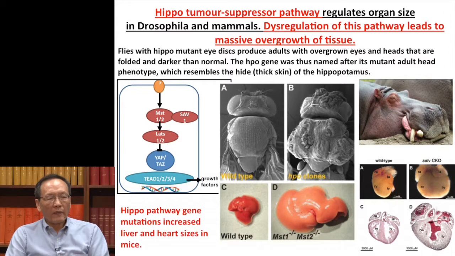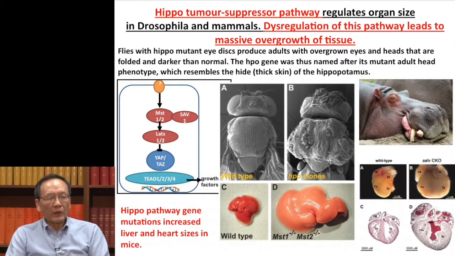If you look at the left-hand side diagram, those are the genes, MST, LATS, and the most important one is a gene called YAP, Y-A-P. This gene will interact with the nuclear transcription factor TEAD, and then control the growth factors.